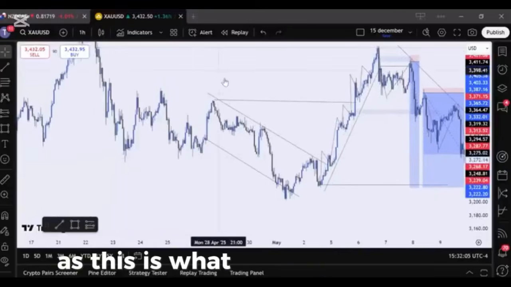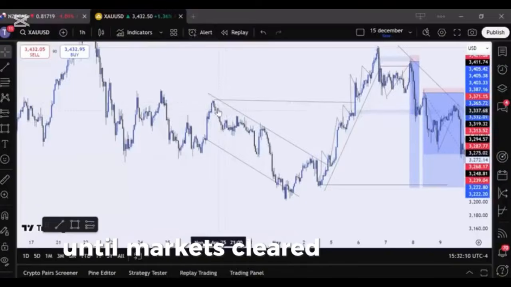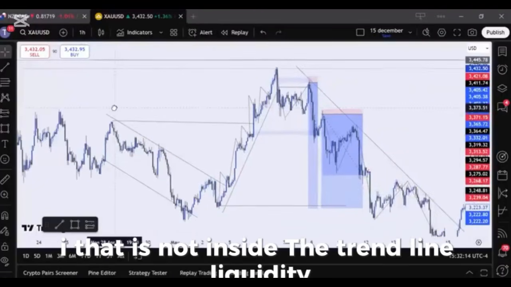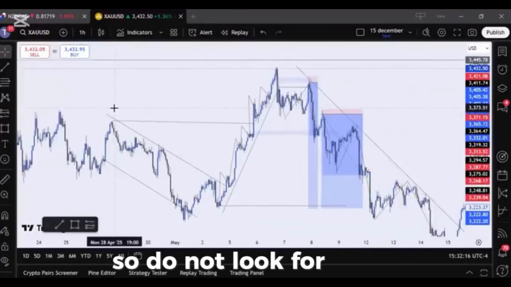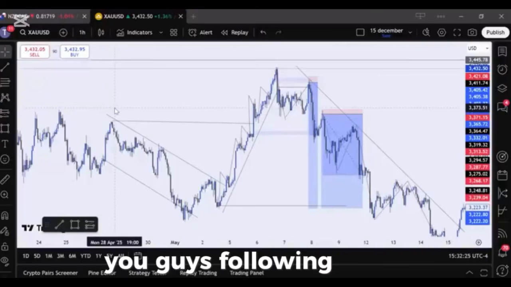Same thing as this. All the other blocks here did not sell the market until market cleared that trend line liquidity. They look for another POI that is not inside the trend line liquidity. So do not look for trades to reverse market direction while the liquidity type that is there has not yet been cleared. You guys following me?